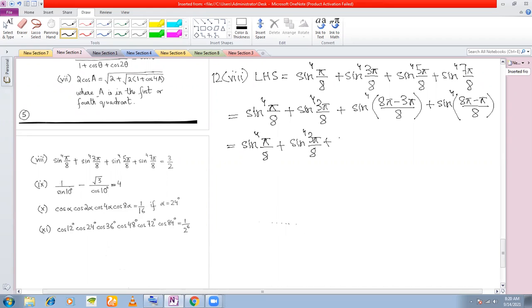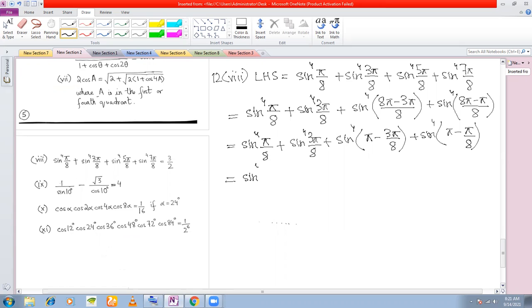Now if you separate here in the third sign, what do you get? You get pi minus 3 pi by 8. Check the step if it is clear. And the fourth sign you can write as pi minus pi by 8. Any question in this step? No, sir.